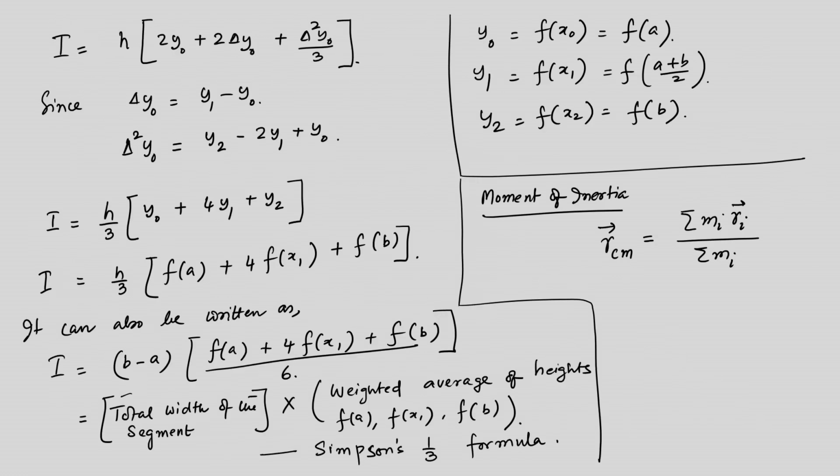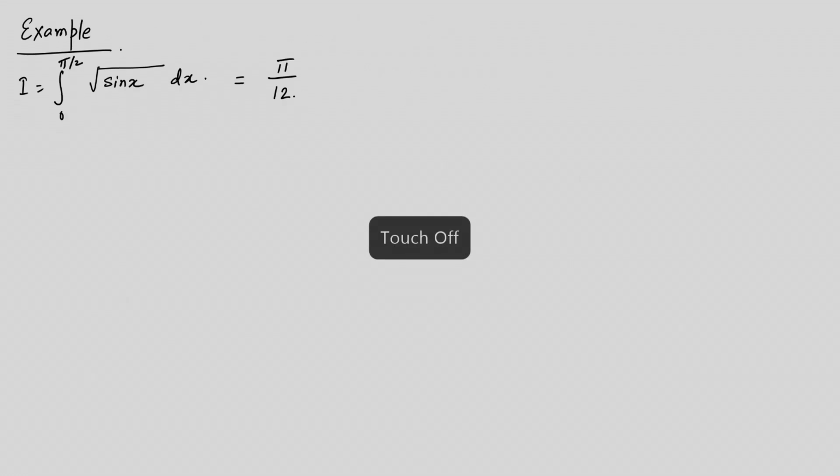So h is b minus a by 2, which is pi over 4, and then divided by 3 is pi over 12. So it is pi over 12, and the value at the extreme end taken once, the value at the middle.